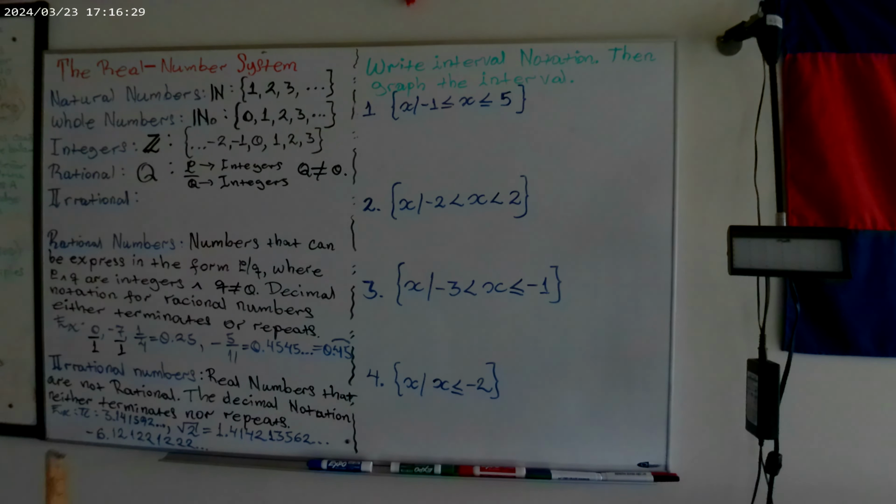Another example of a rational number is minus 5 divided by 11. Why? Because its decimal part is 0.45454545, and so on, all the way to infinity.